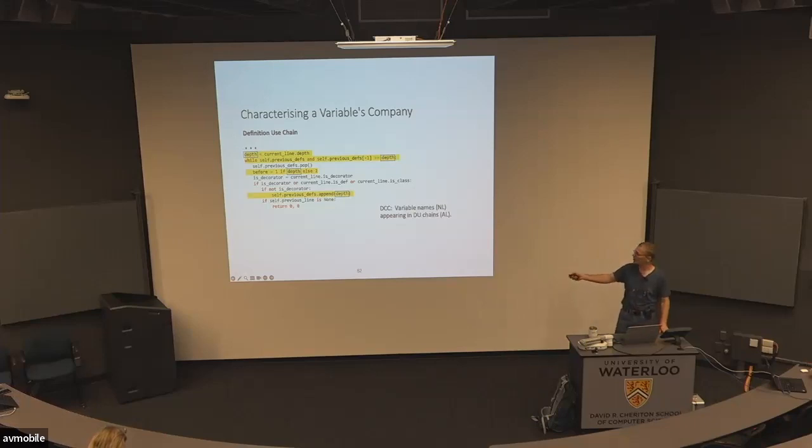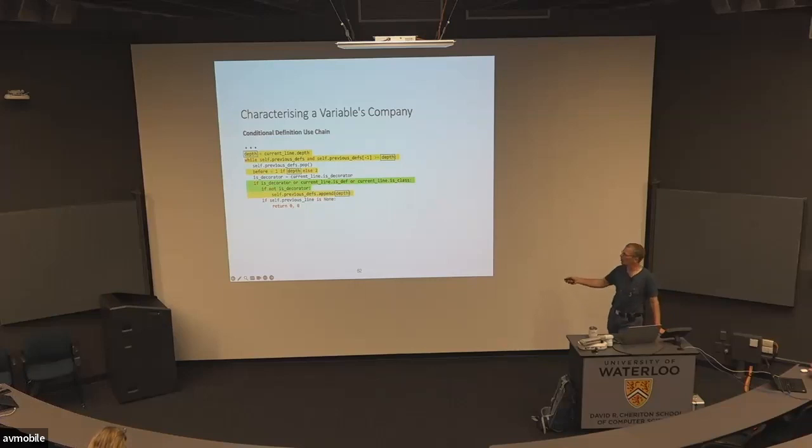So I've got in yellow a def-use chain. Here's where I'm going to leverage the dual channel constraints. I claim that variable names that appear in def-use chains, that appear in a use, are going to be aligned in a way that these lines have more information than the lines that aren't in a use.